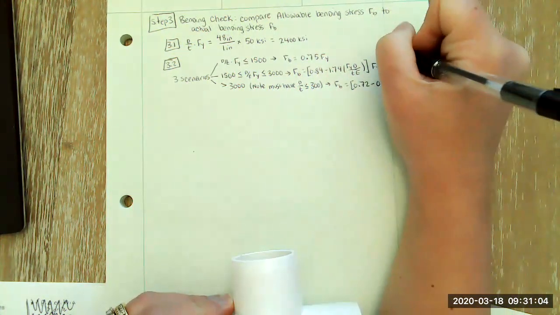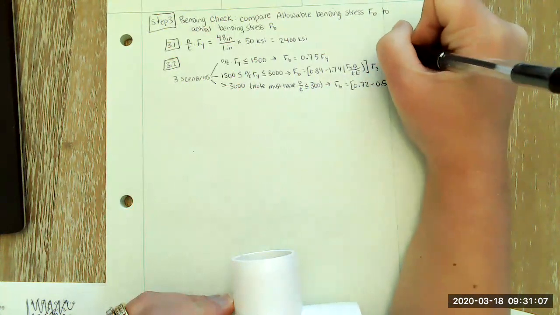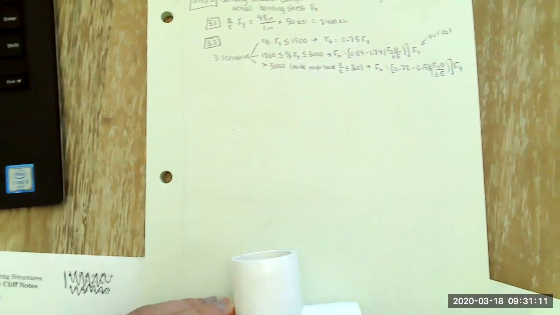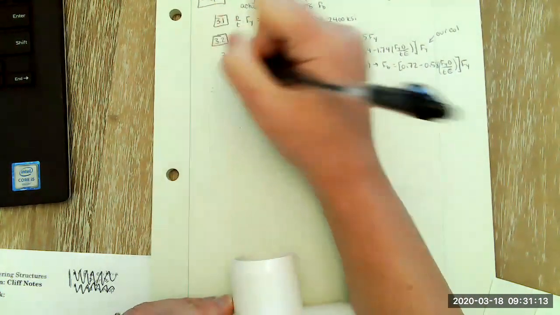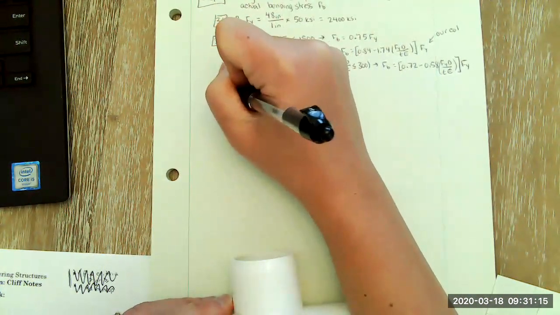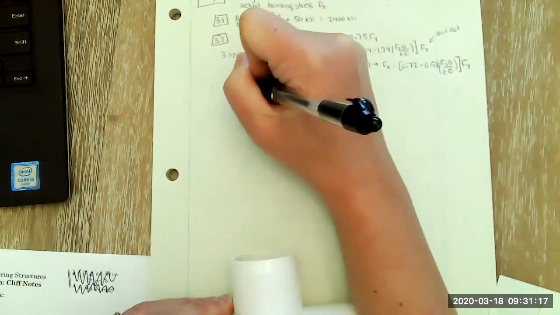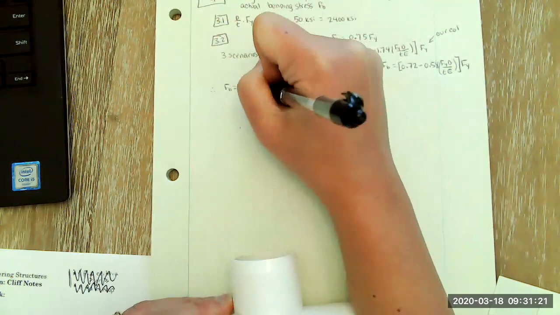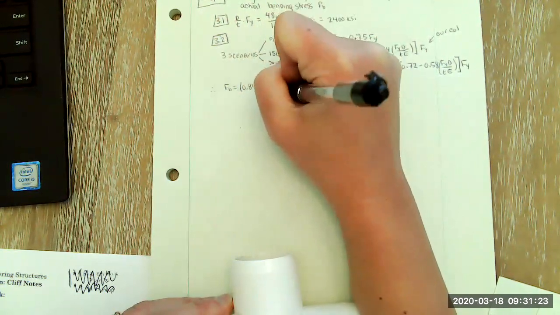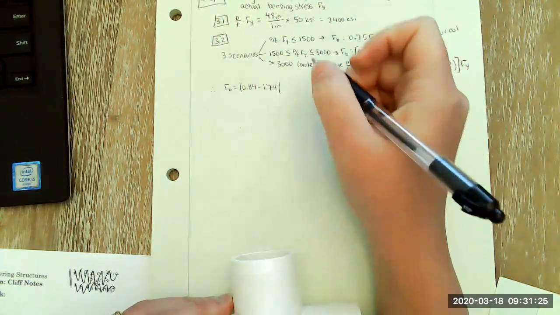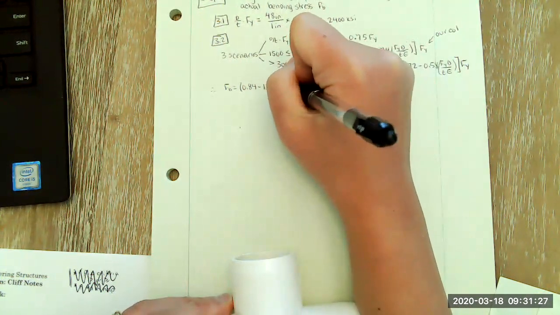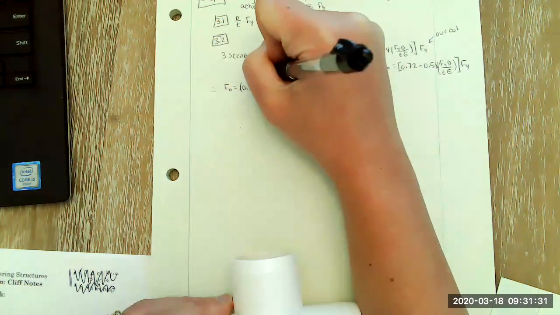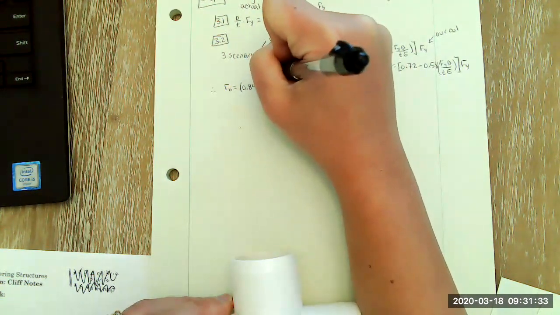So again, our column is in case 2. So our allowable bending stress is equal to 0.84 minus 1.74 times D over T times Fy, which is 2,400. That's D over T Fy.